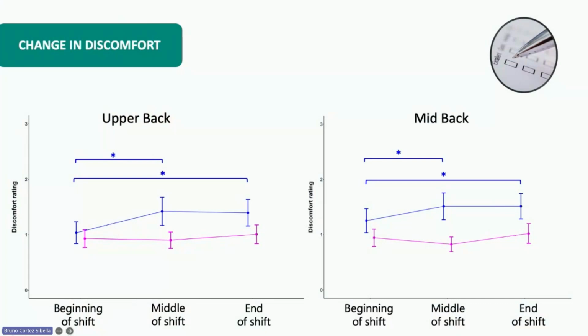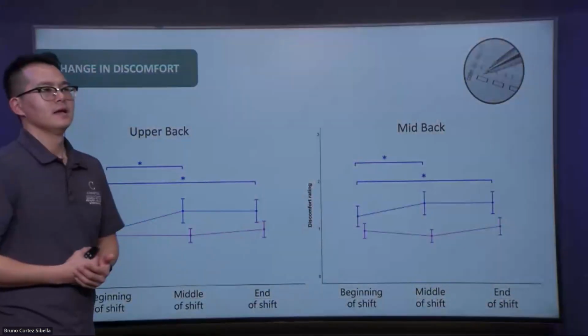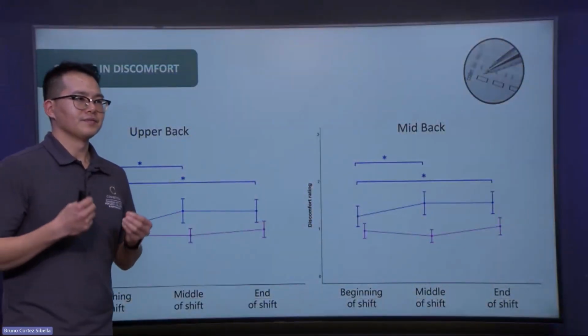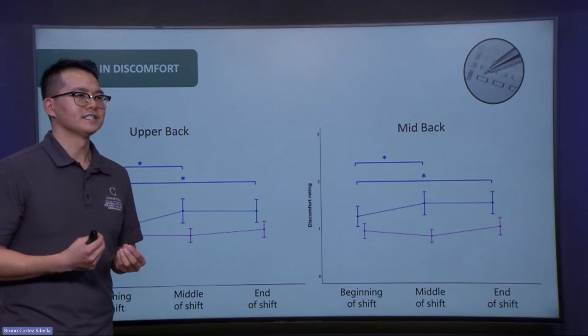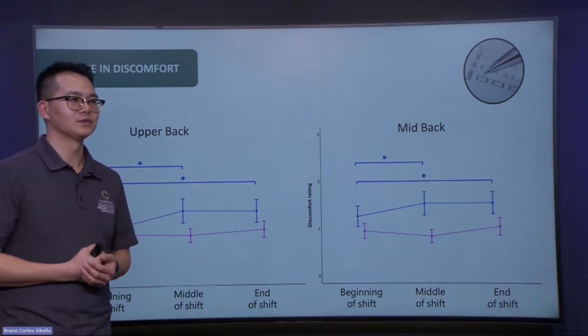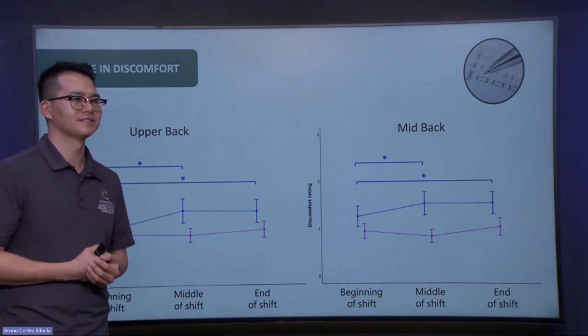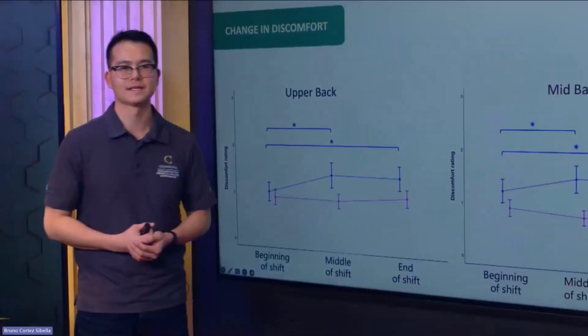So that's indicated by the blue line here. However, in the exo condition, discomfort appeared to remain steady over the course of the workday. So that's the pink line. And so this might mean that the exoskeletons may have helped reduce the onset of discomfort and fatigue over the course of the workday.